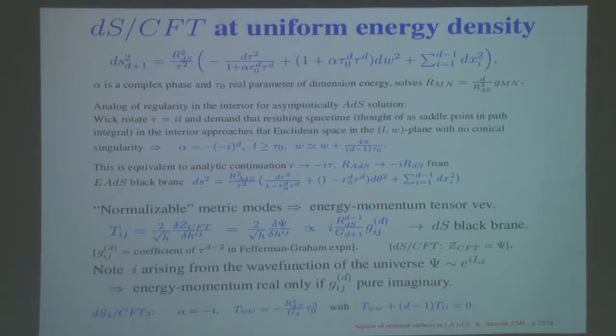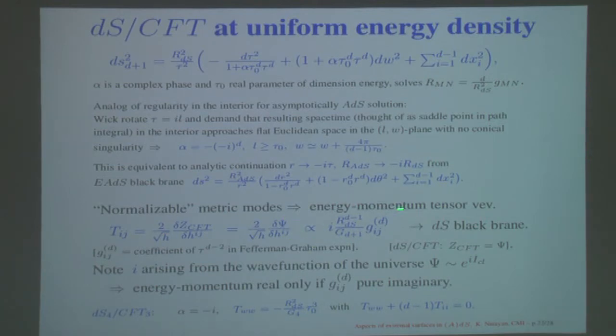Okay. Now there are normalizable metric modes that are turned on here, as you can see, and so one expects that there's perhaps an energy momentum tensor expectation value that's turned on. For a three-dimensional CFT, this would be a natural definition for the energy momentum tensor. It's just a variation of the partition function with a boundary metric. That's equated by dS/CFT to a wave functional derivative. That wave functional derivative in the semi-classical approximation has an i coming from here, for example.